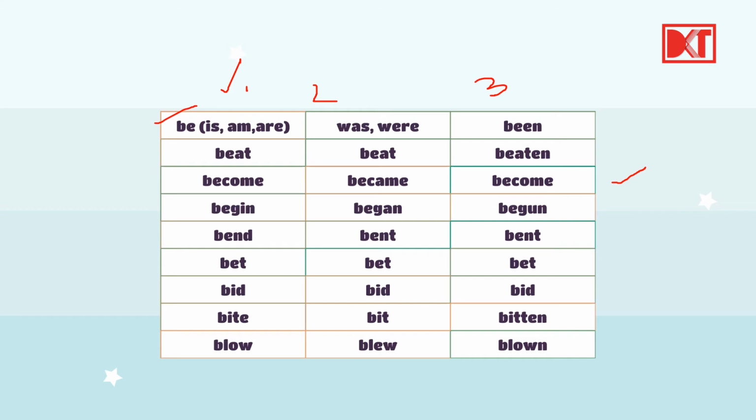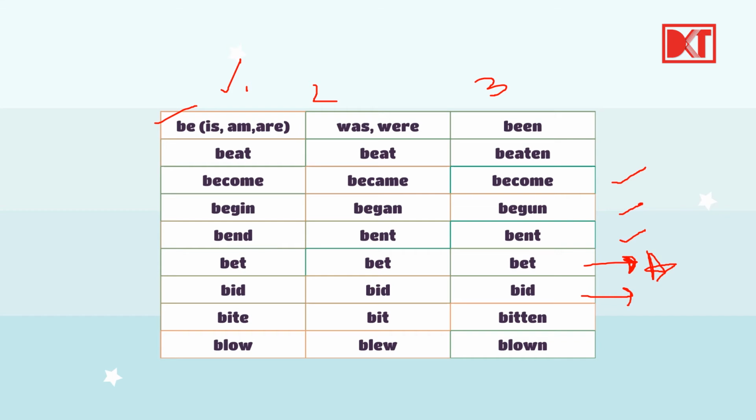Begin, began, begun. Bend, bent, bent. Bet, bet, bet. These are some of the irregular verbs which remain the same. Then we have bid, bid, bid. Again remains the same. Bite, bit, bitten. Blow, blew, blown.